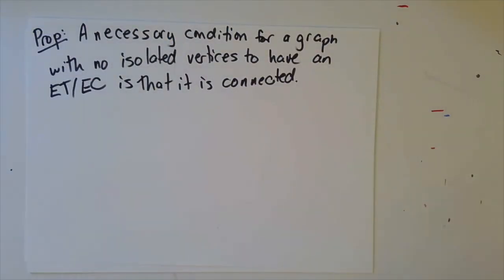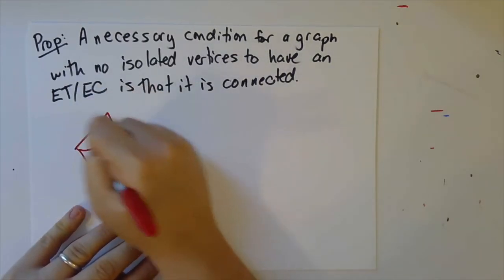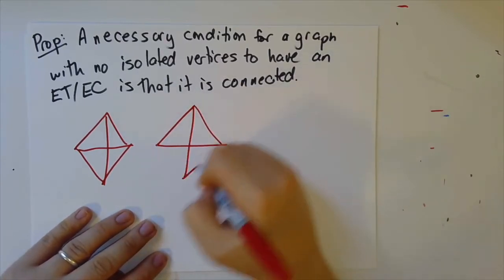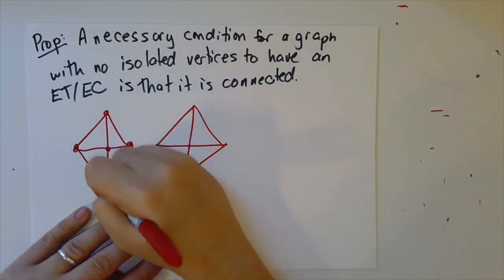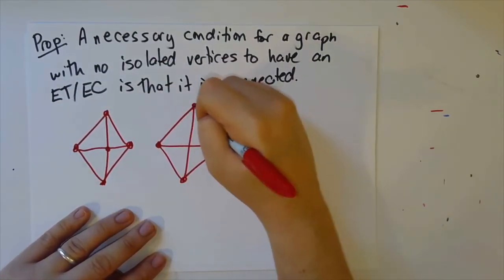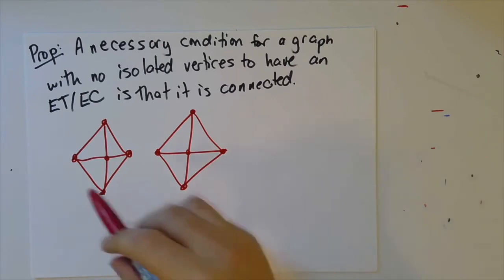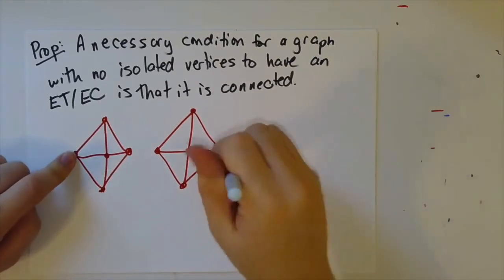Now, if you think about what this is really saying, it's kind of ridiculous. If you make this graph with these 10 vertices, there's definitely no way to write down an Eulerian trail through this graph, because I can't even get from this vertex to this vertex over here.